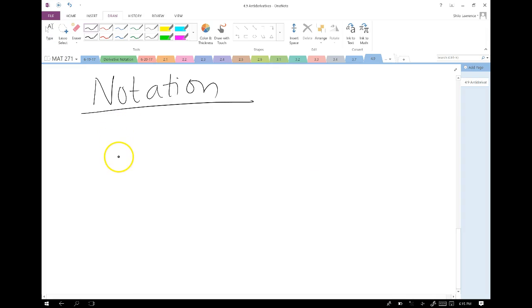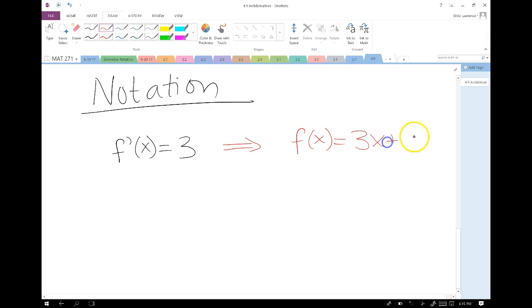We could be given, so I'm going to use an example, f prime of x equals 3. That means that f of x equals 3x plus c. The next one's going to look kind of weird. If we're told that f of x, so this is number 1.